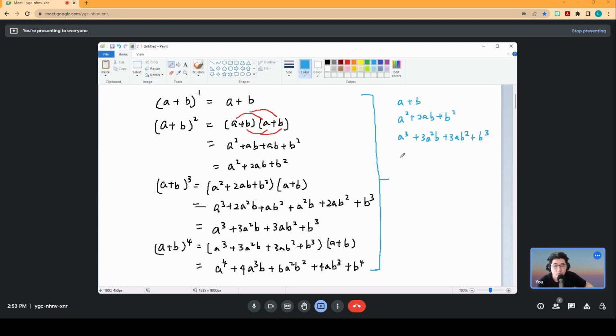I have a to the power 4 + 4a cube b + 6a squared b squared + 4ab cube + b to the power 4. What you can observe is that a is in decreasing power, and b is in increasing power.